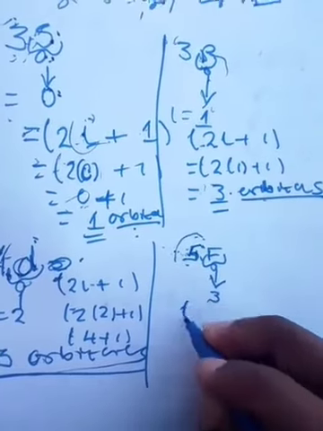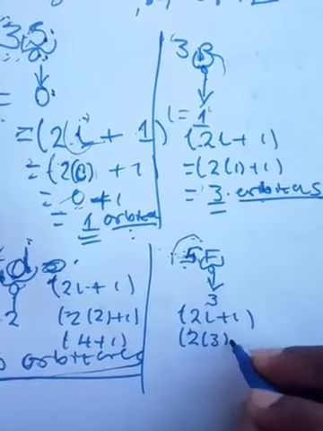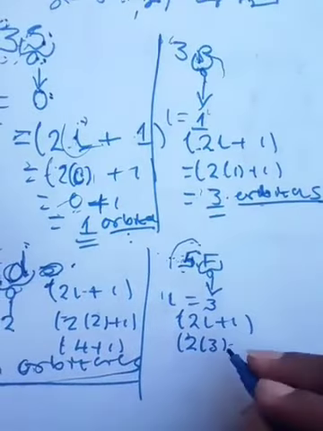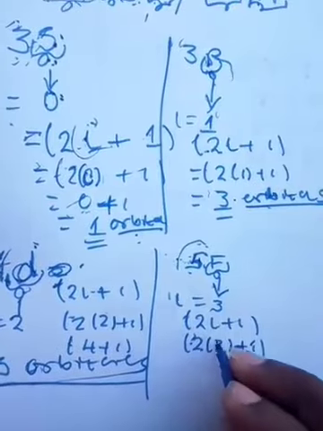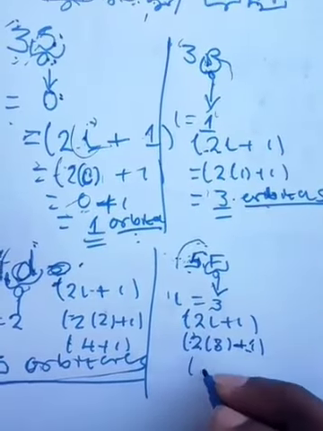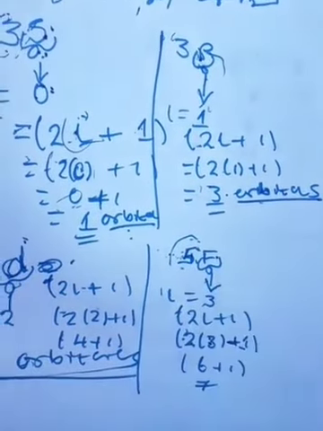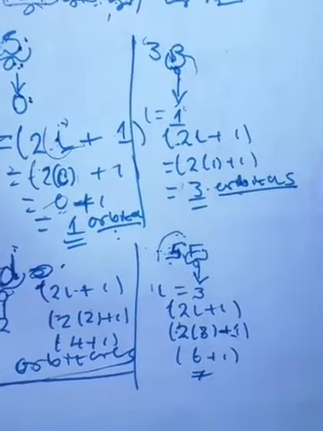I'll use the formula 2L plus 1, and I'm going to put 3 as my L. Then you say plus 1. So 2 times 3 is 6, plus 1, 7. So whenever you have F, always draw how many? Always draw 7 orbitals. Make sense?